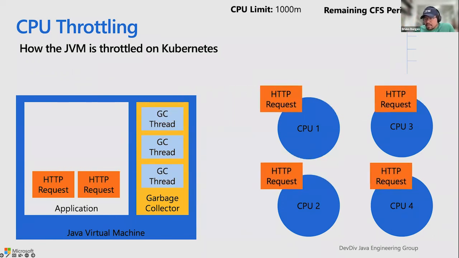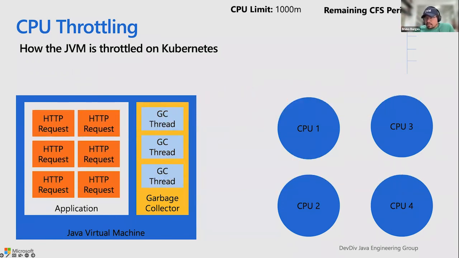So these 4 threads will run, be processed, go into the database, get information, etc., and return to the user. Now, these 4 HTTP requests were processed nearly instantaneously, and each HTTP request spent about 200 millicore of the CPU time. So 4 times 200 millicore gives us 800 millicore.